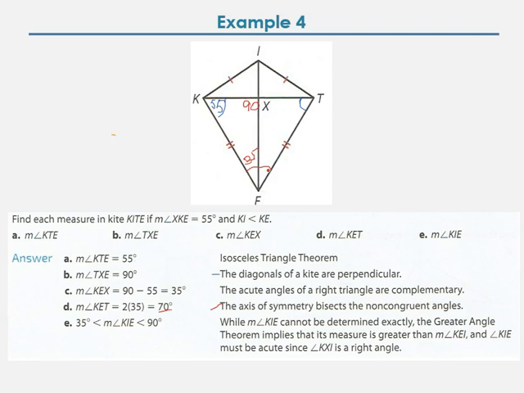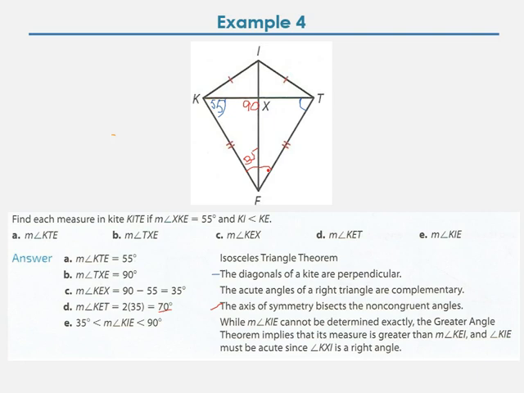And it says 35 degrees is finding E, which is KIE. We don't have any lengths of the sides of these triangles.